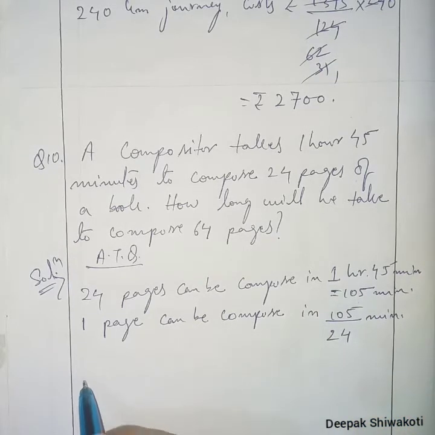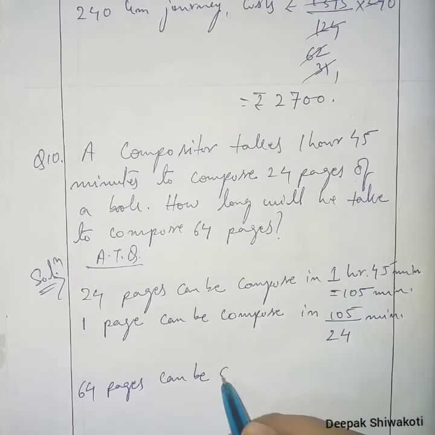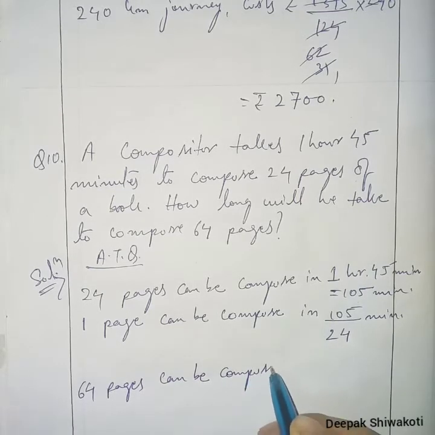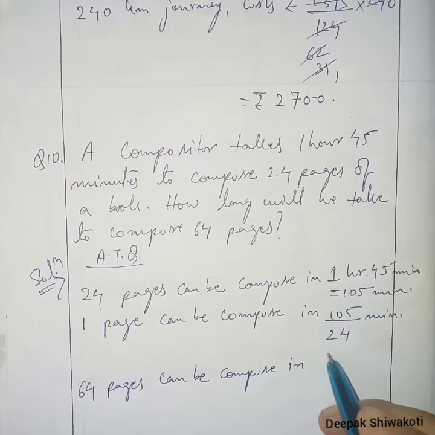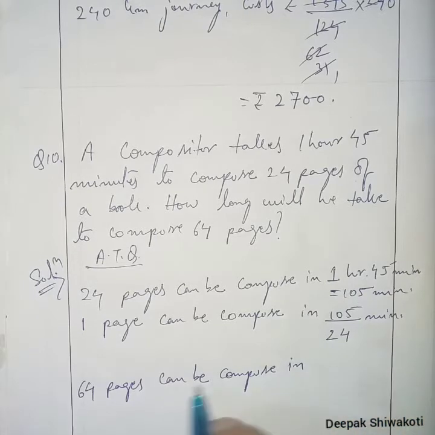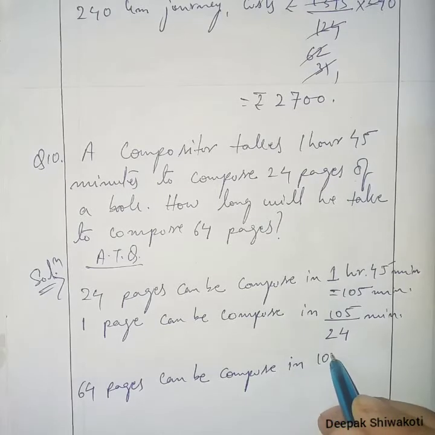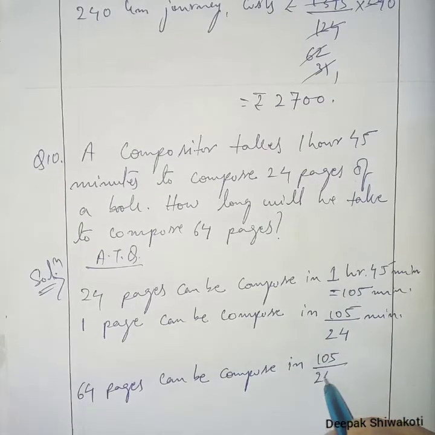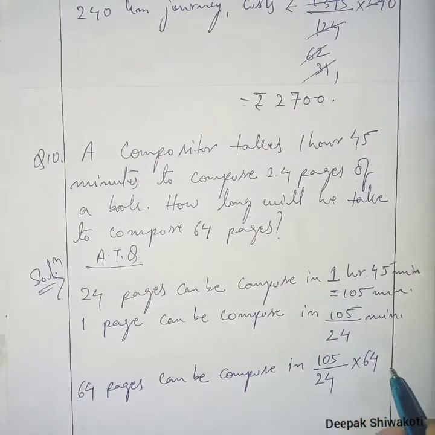We have to find the time for 64 pages. 64 pages can be composed in, we have to multiply here because the time will be more for 64 pages. So 105 by 24 into 64.